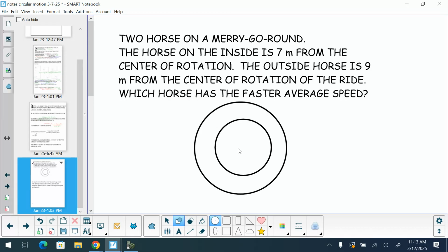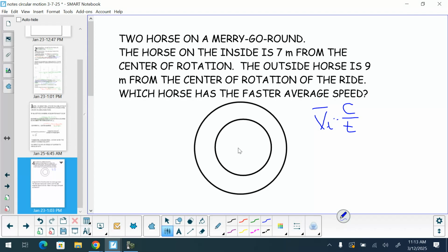We could take a look at average tangential velocity, which is equal to distance divided by some time here, which is your circumference of the circle divided by time. Distance divided by time. So we can always calculate velocity. How far have you traveled? How long did it take you to travel?